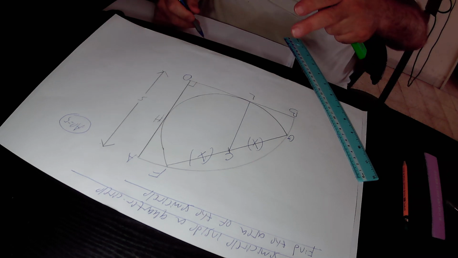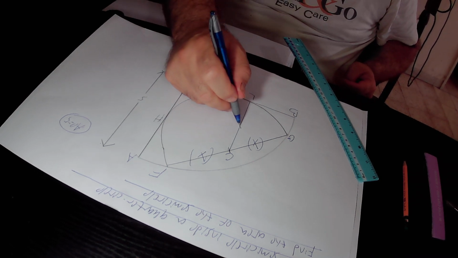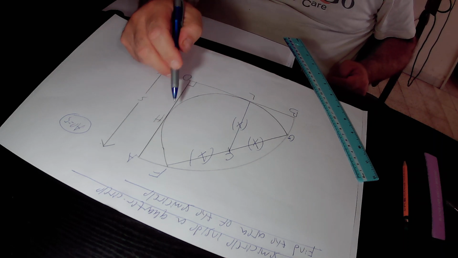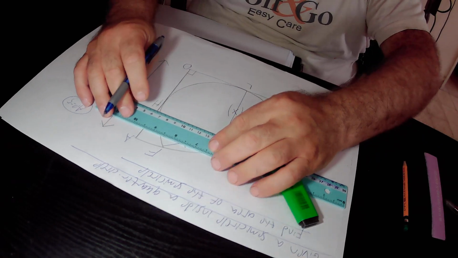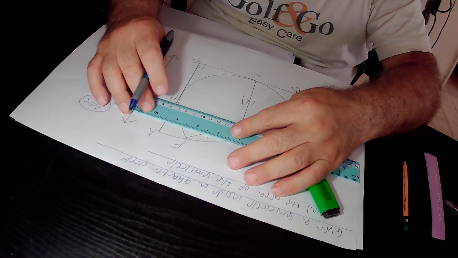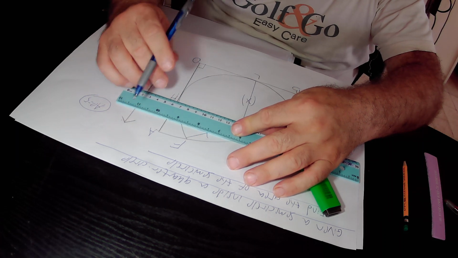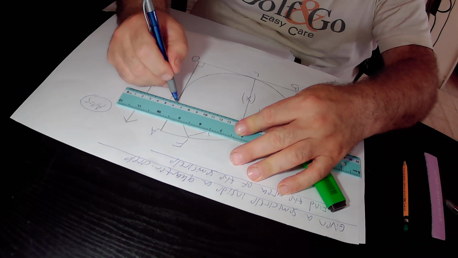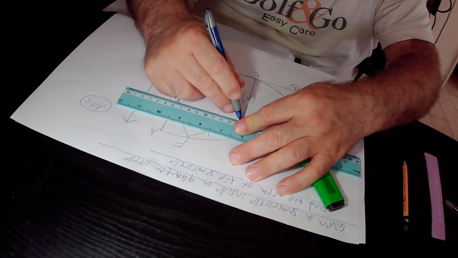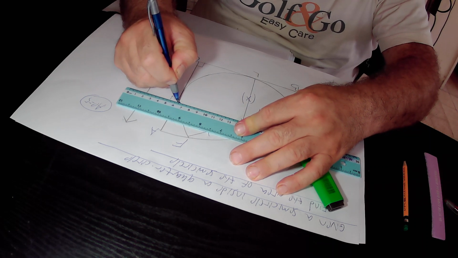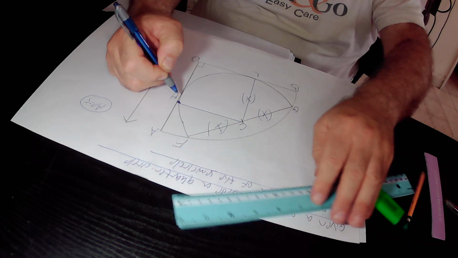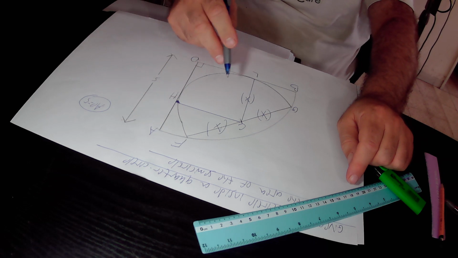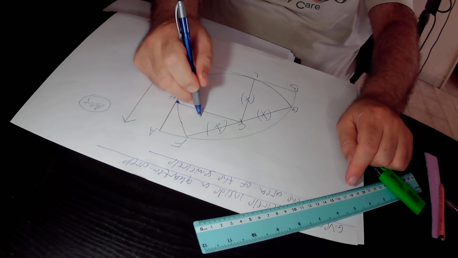CL is of course the radius of this semicircle, that is equal to X. We will join points C and H together by a straight line. CH is also the radius of this semicircle, that is equal to X according to our definition.